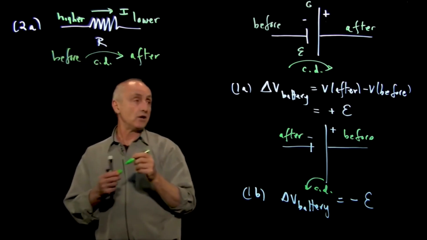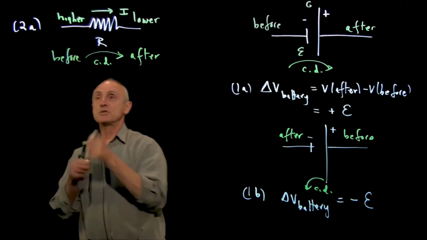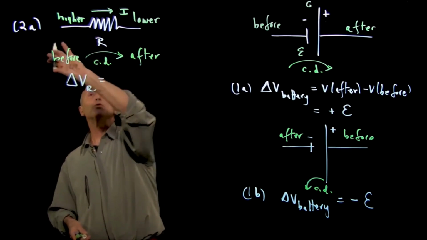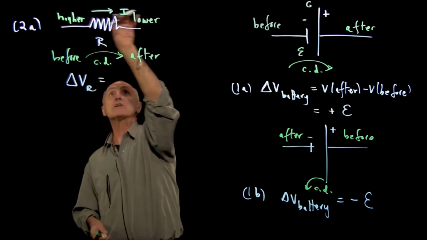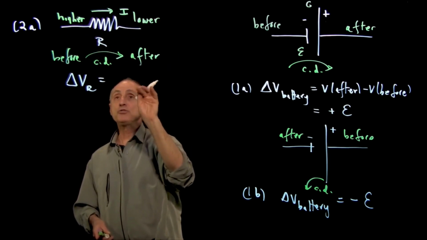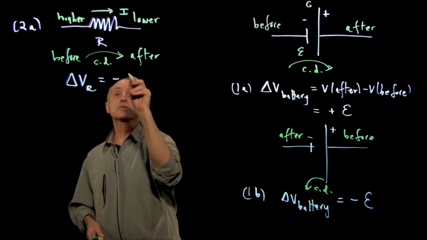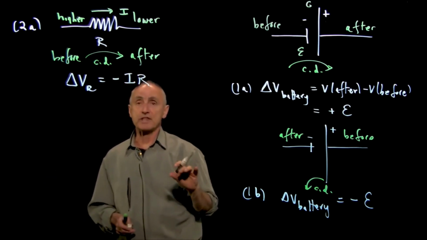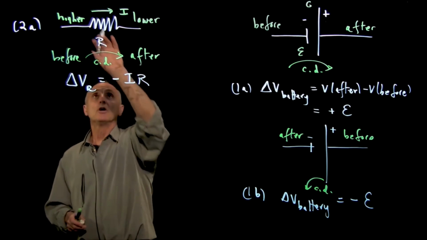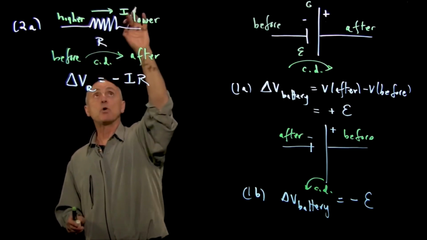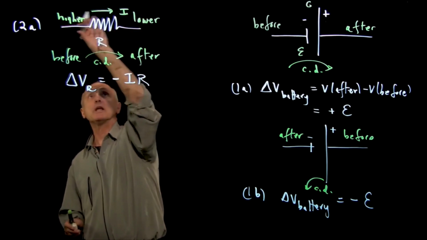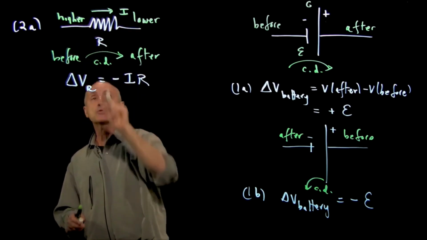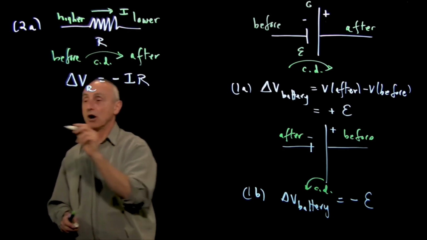And so what we see here is that the potential difference across the resistor, when you circulate in the direction of the current, by Ohm's law, is minus IR. And sometimes people refer to that as the voltage drop. So again, it requires both conventions. We're circulating in the direction of the current, and the potential difference drops by minus IR.